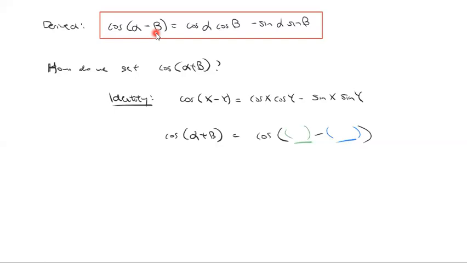So it's alpha minus, oh no, it's alpha minus negative beta. See, this is still alpha plus beta, right? Nothing has changed. So this is basically our y, and this is basically our x.